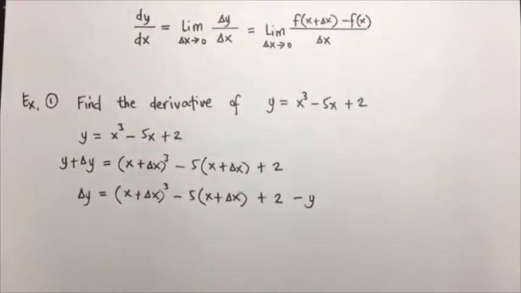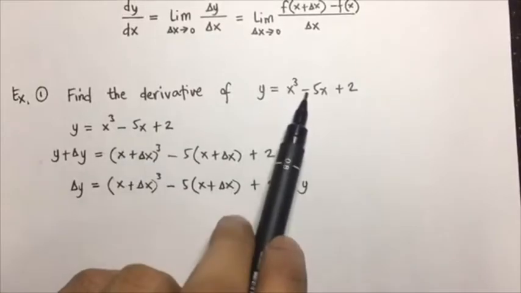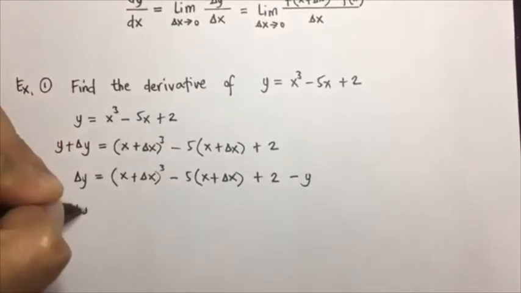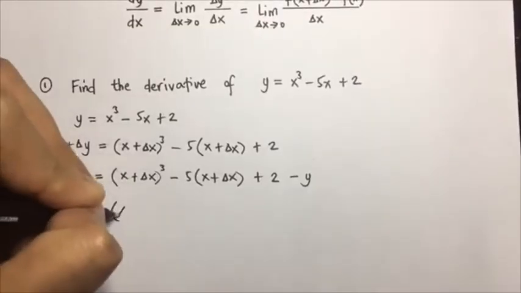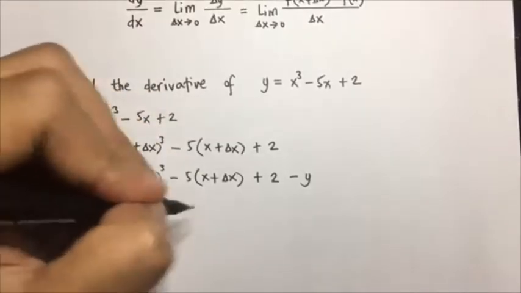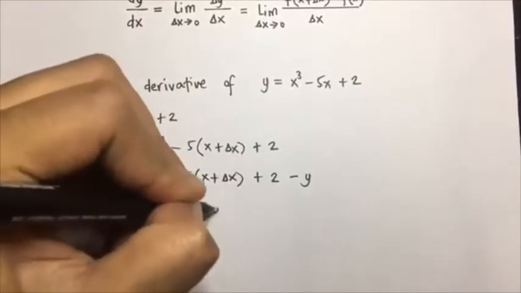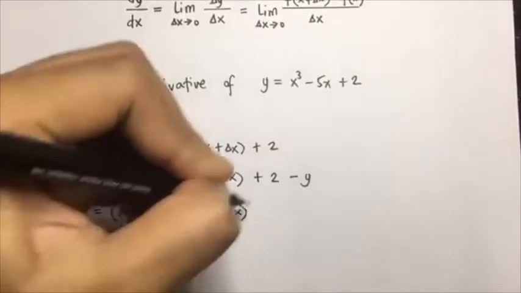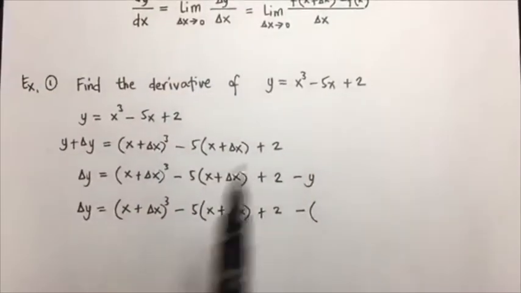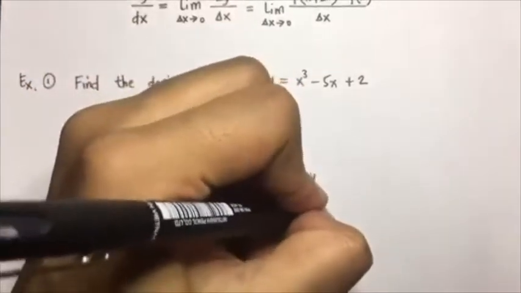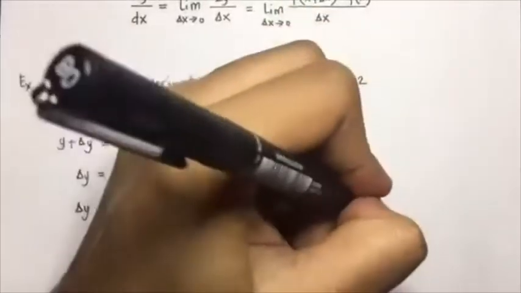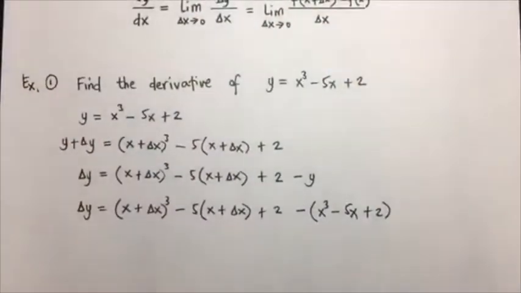But since we know that y is equal to x cubed minus 5x plus 2, then delta y is equal to (x plus delta x) cubed minus 5 times (x plus delta x) plus 2 minus (x cubed minus 5x plus 2).